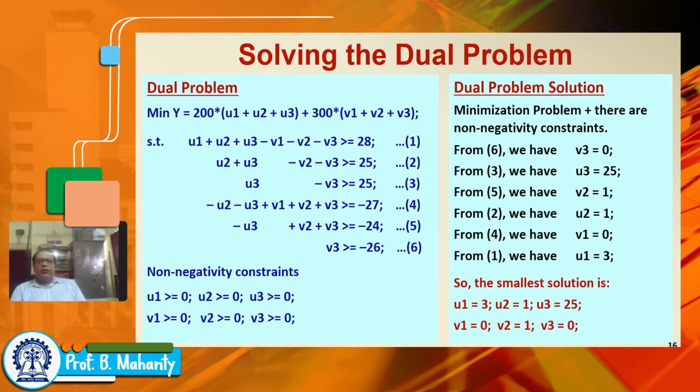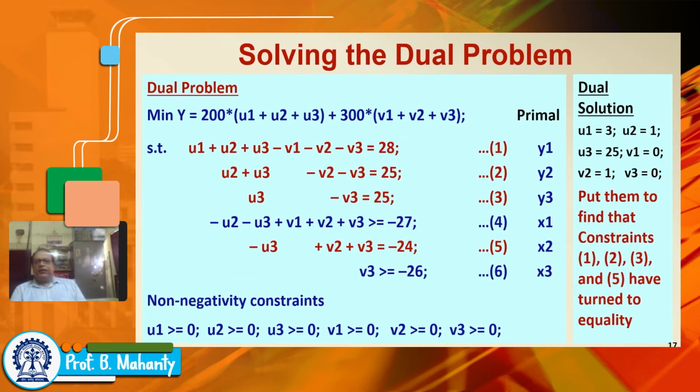Now what you can do is put these values in the constraints, and the interesting thing you find is that constraint 1, constraint 2, constraint 3 and constraint 5 have turned to equality. Is it not? Because look here, if we put U1, U2, U3 as 3, 1 and 25, we get 29. And V1, V2, V3 as 0, 1 and 0, we get 1. So 29 minus 1 is 28.